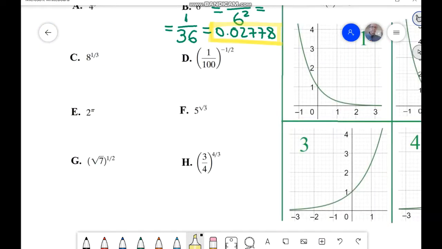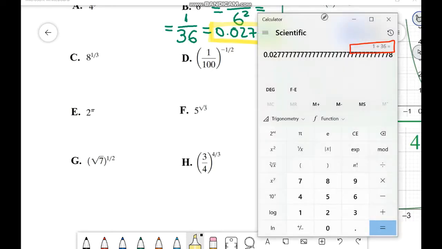Letter E is another one that you have to round. So 2 exponents pi. Enter. Then you have 8.82497.